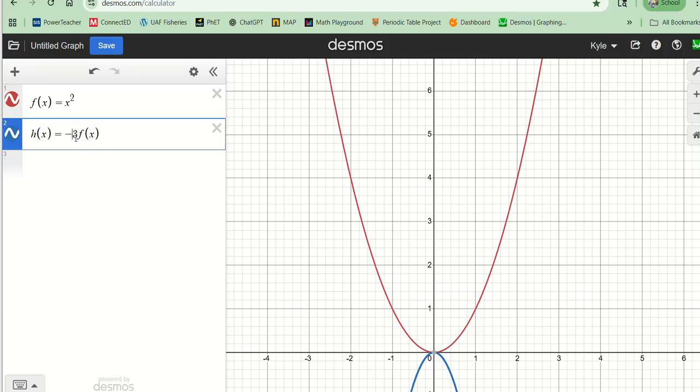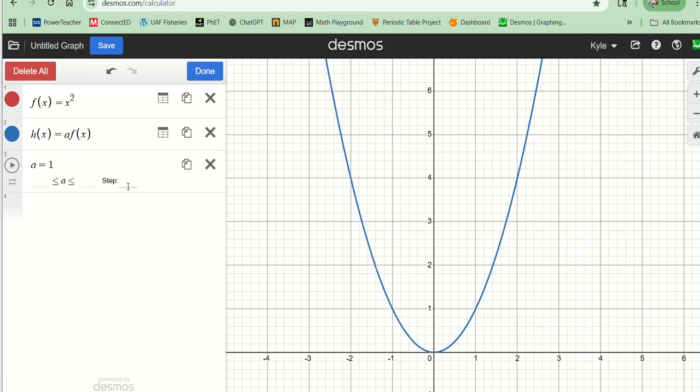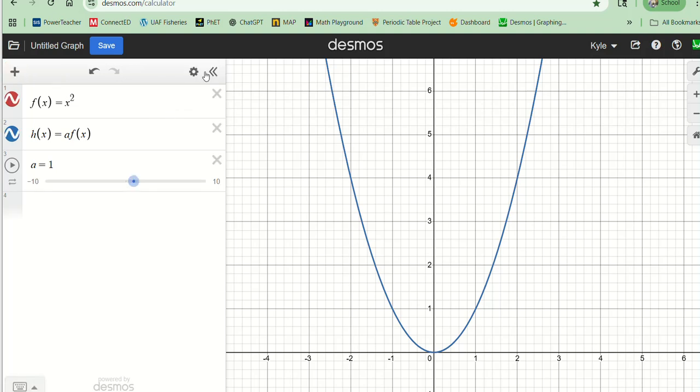Then we get into this other weird part. I'm going to let this be a slider instead, so we'll just let it be numbers. I want it to jump by smaller amounts, so let's say 0.1. They're both the same if it's 1 times f of x, they're the same function, right? What happens if I make this bigger?